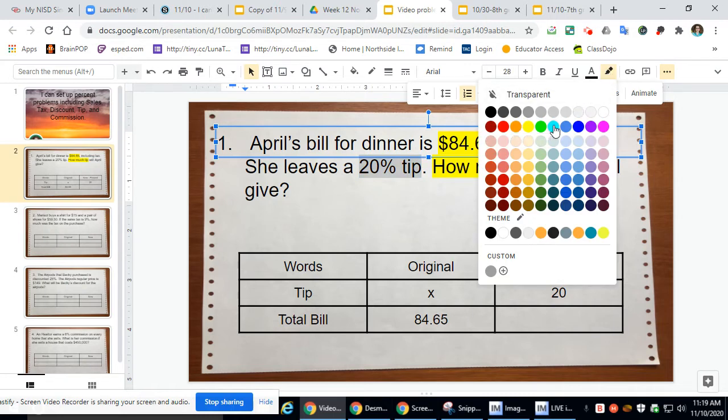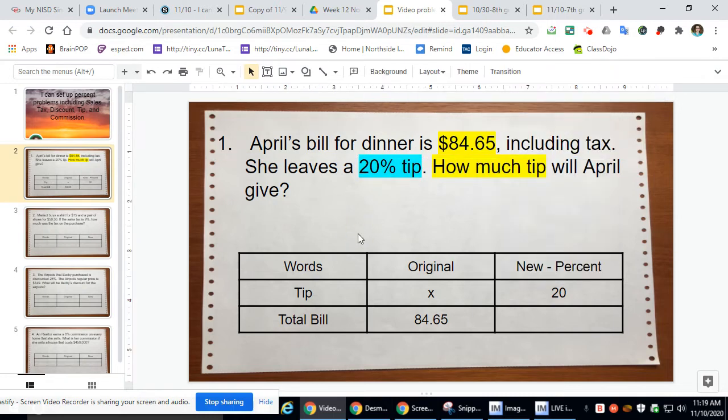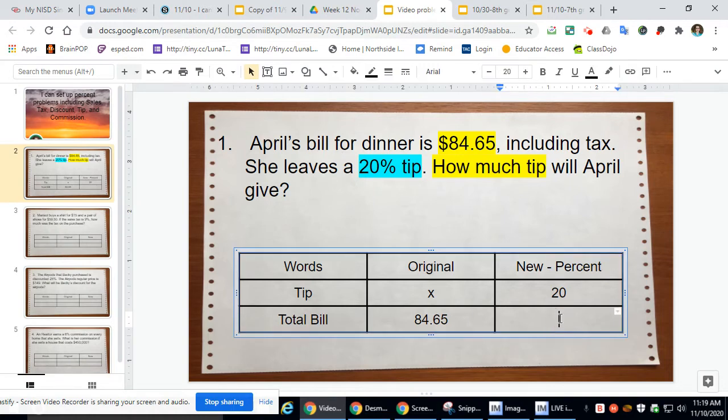A whole is always going to be 100%. So I'm going to put a 100 down there, and you do that anytime you're looking for a whole as a percent. And that's how you set up the chart so that you can solve for X.